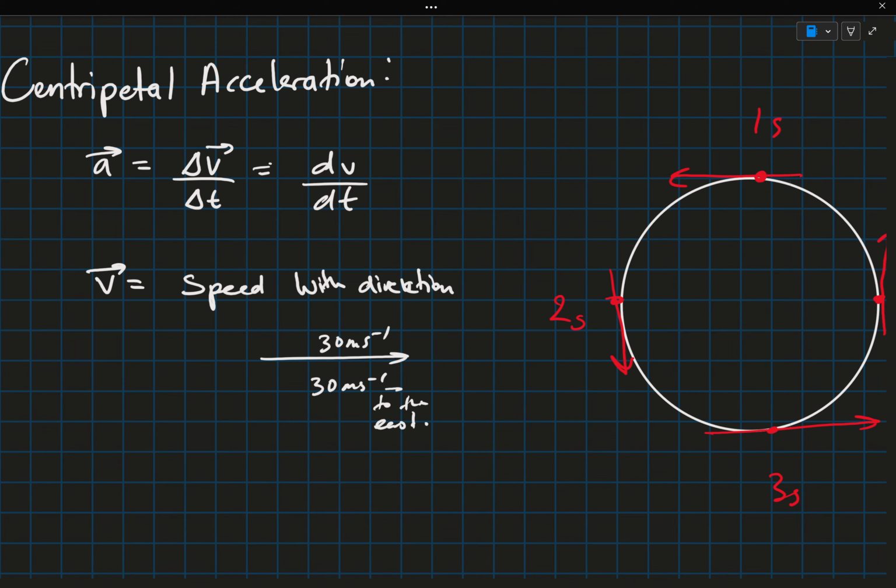So the object is accelerating along the circular path because we have a change in velocity. Does that make sense? Drop a 1 in the chat if that's okay. We change the velocity, so we end up changing the acceleration of the object.